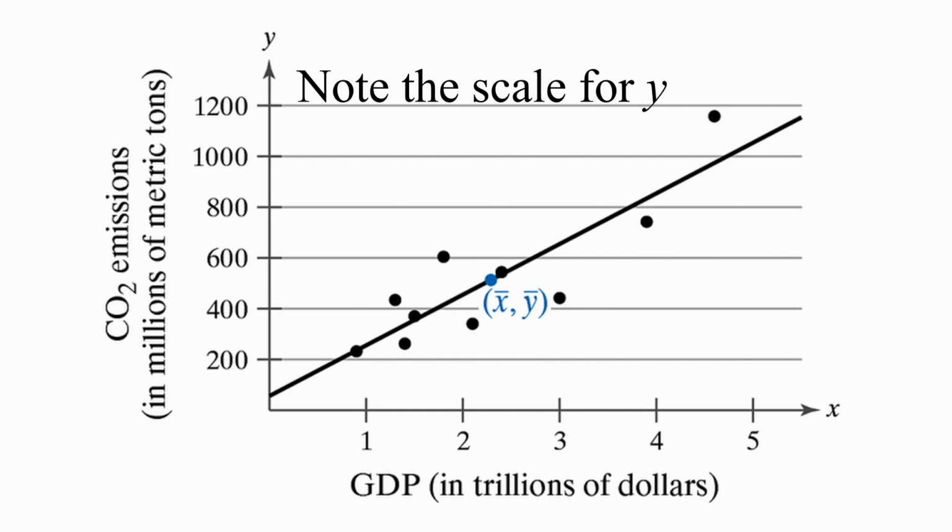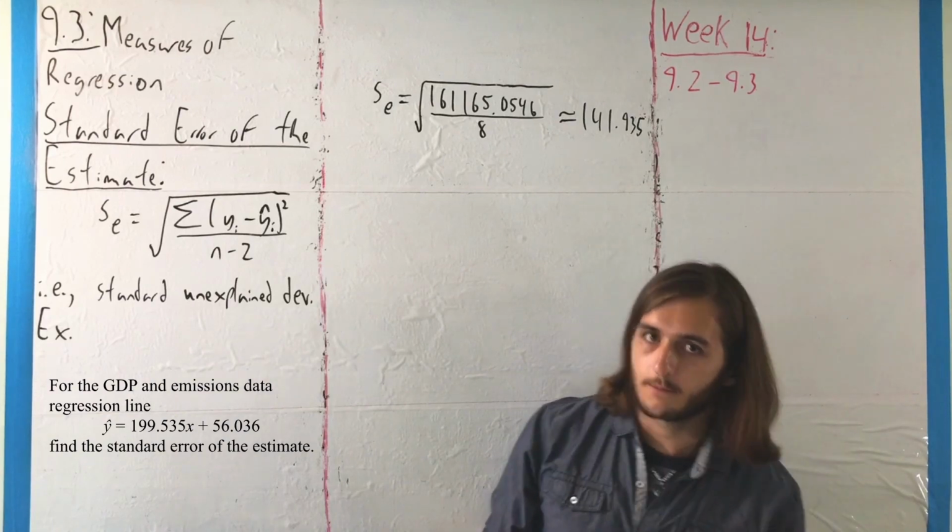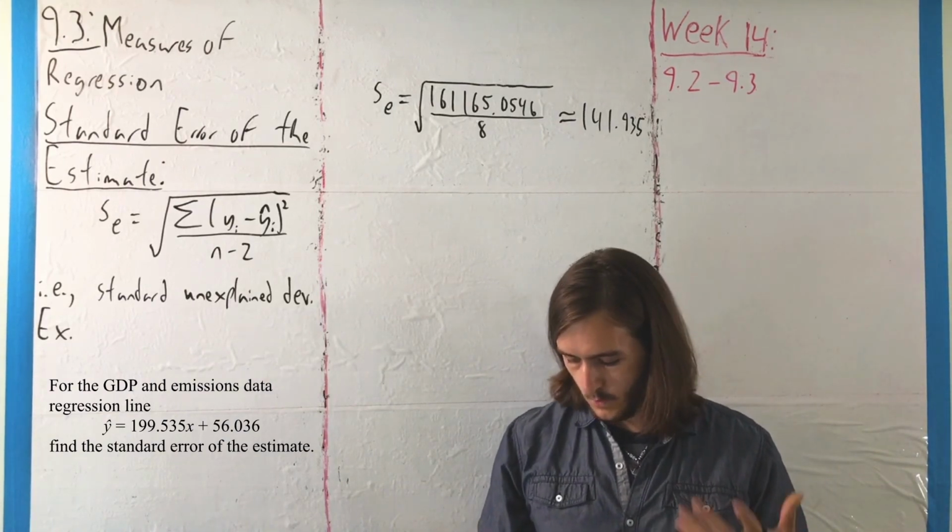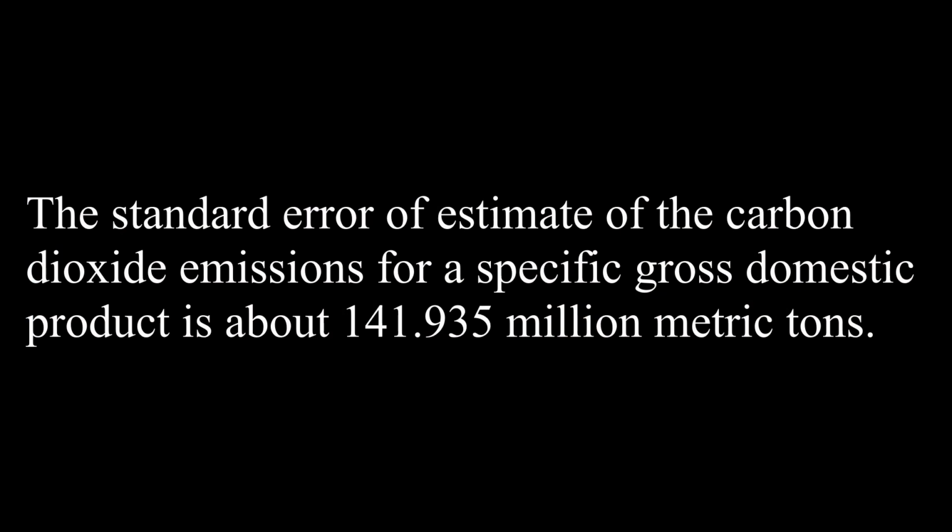And in this case, it looks like SE is pretty big. In particular, if we want to interpret what this says, we could say something like the standard error of the estimate of the carbon dioxide emissions for a specific GDP, if we were to just take one GDP in there, would be about 141 million metric tons.